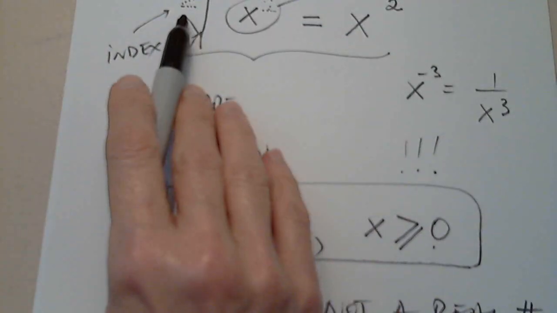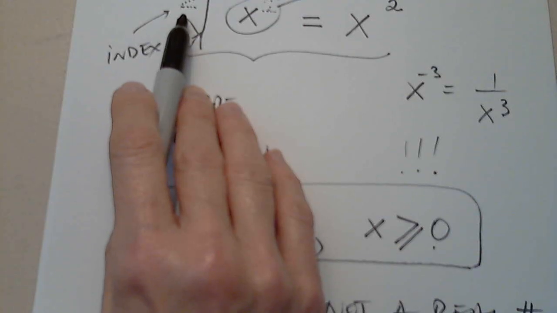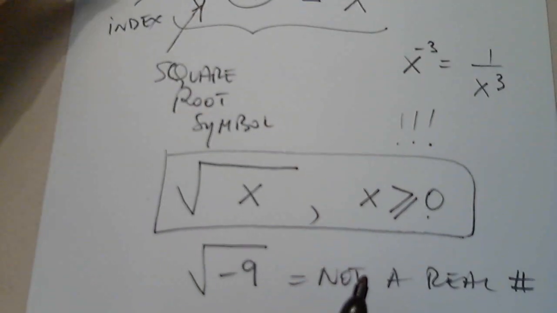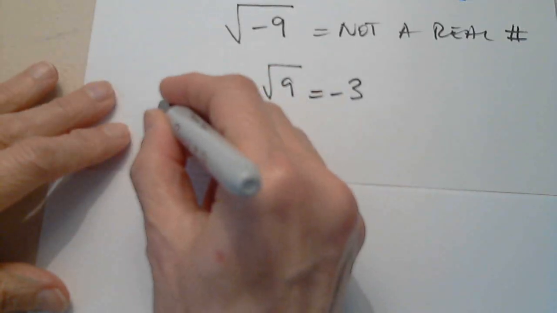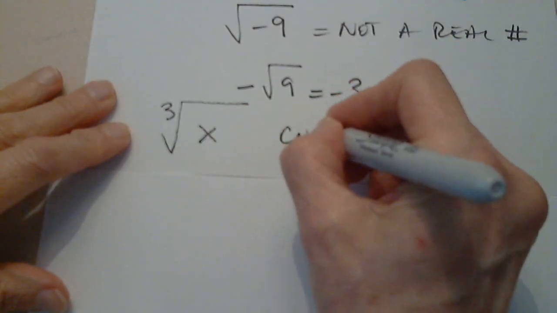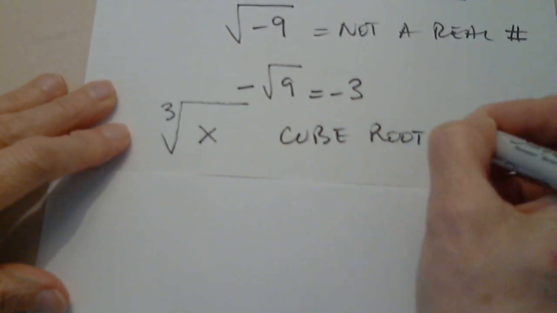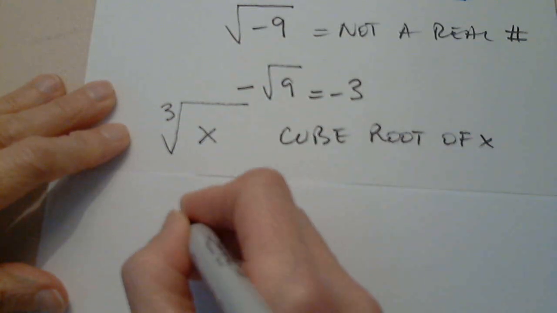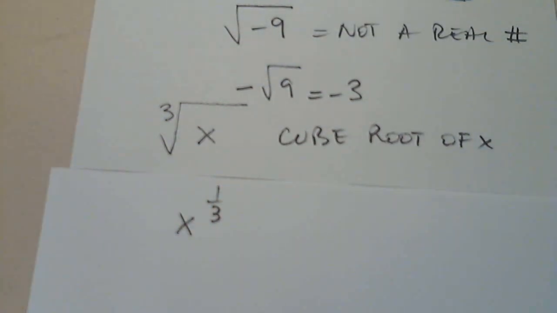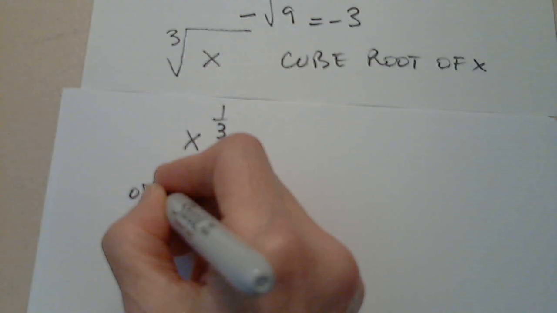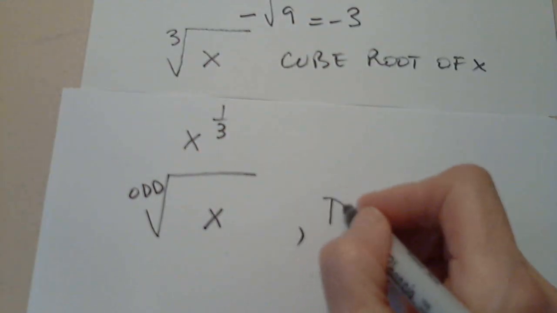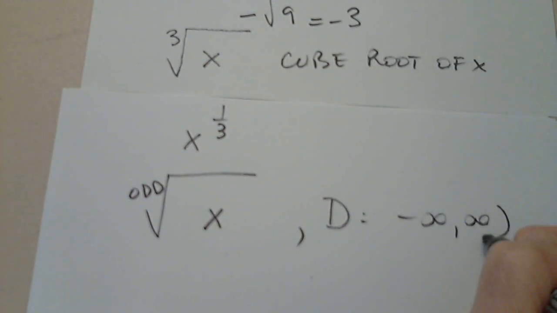Of course, we may have any other index, but it has to be a natural number from 2 and above. So if I have, let's say, the cube root of x, this is x to 1/3, and so on and so forth. When I have an odd index, domain, all real numbers.